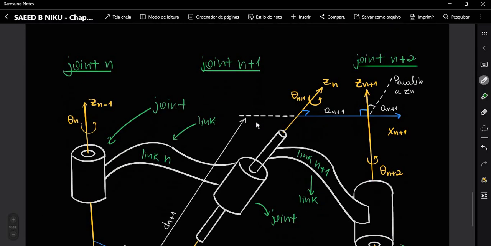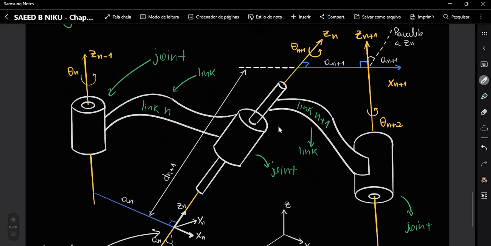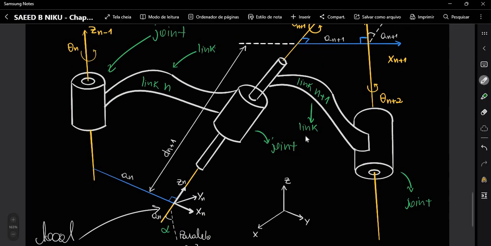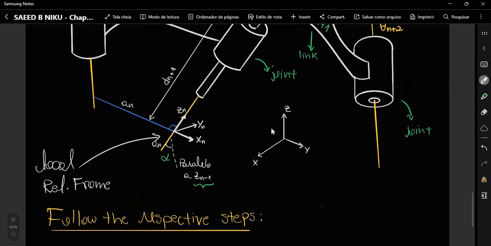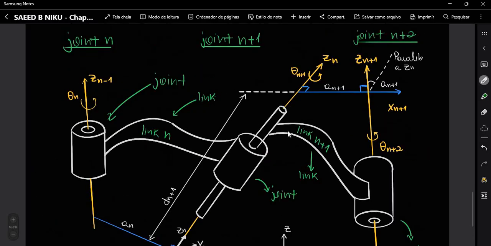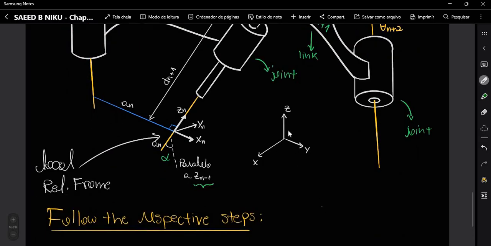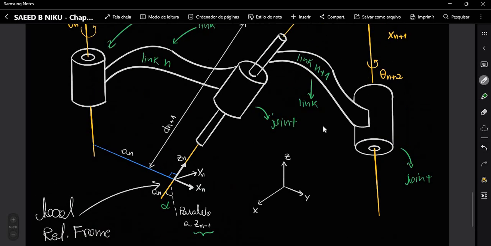And now with DH representation, we will do basically the same thing, but with different parameters. If this joint, which is n plus 1, is our local reference frame, if we take these four standard motions, we will get to another joint, which is the joint n plus 2.